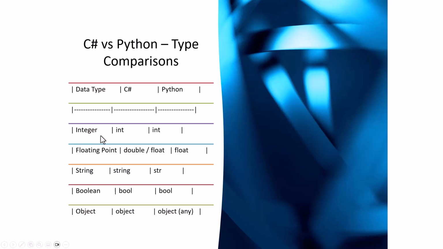Integer is written as int in C#. Python is also int. Floating point is written as double or float, and for Python it's just float. And string is written as string in full, and str for Python. Boolean is bool for both, and object is object or any. Now this is a new term for C# developers, object any.